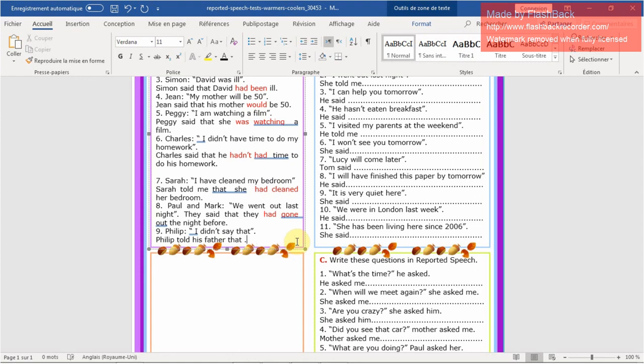So Philip told his father that he hadn't said that. Hadn't said, and the past participle of the verb to say is said.